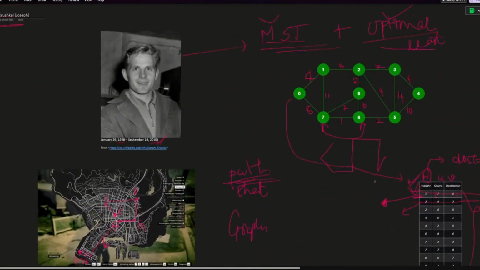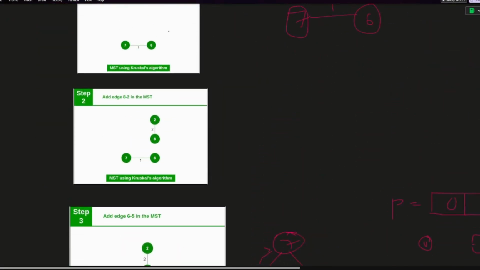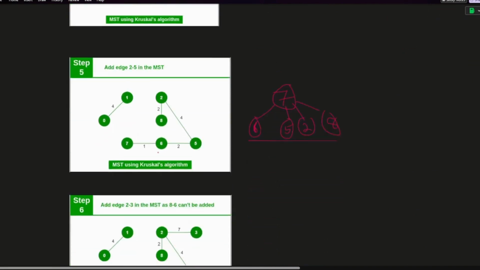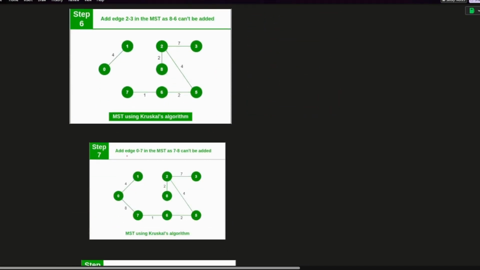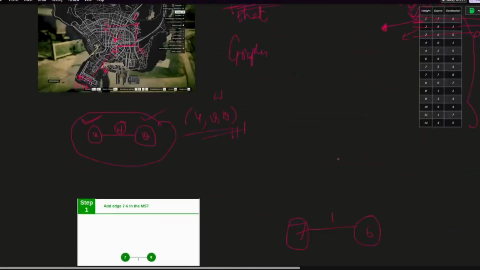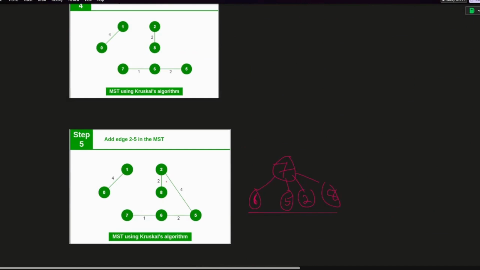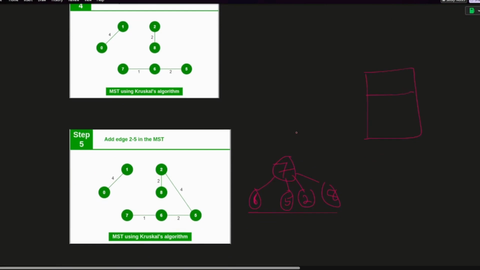I think you guys have understood what I'm trying to say. You take this out as well, and then connect that again, and you can connect this as well, and connect that as well. What the problem would arise is, suppose you're over here, and the next edge on top of your list with the least weight is, let's say, 8 to 5.